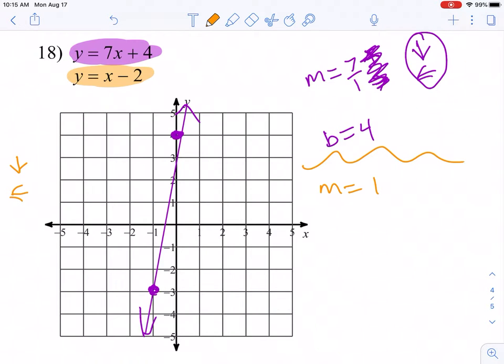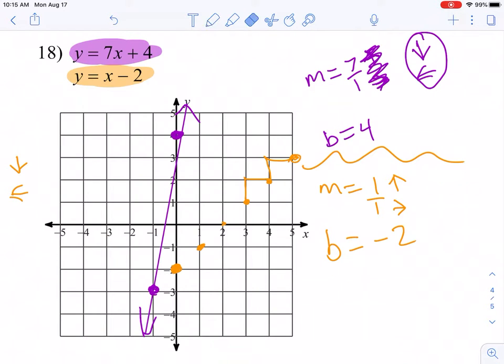So b equals -2. So we're going to begin at -2 and move. So 1, I have to make that a fraction, and we're going up and right. Up because it's positive, right because we always go right first. So there's 1 there. Up and right, up 1, right 1, up 1, right 1, up 1, right 1.